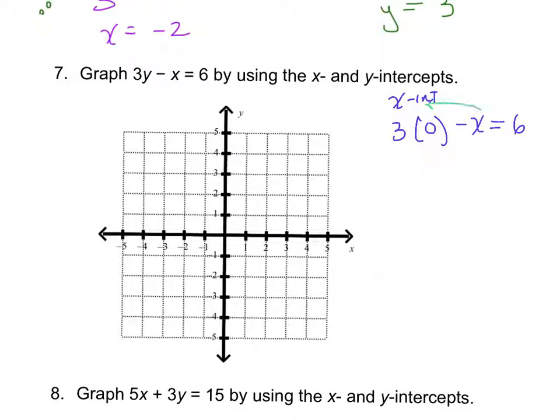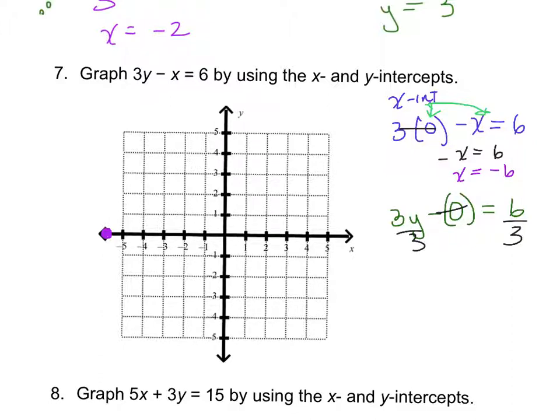X-intercept, the value of x when y is 0. Do our math. You get negative x is equal to 6. Therefore, x is negative 6. So negative 6 is right here. That's my x-intercept. Now, to calculate the y-intercept, I am going to plug in 0 for x. 3y minus x, which is 0, is equal to 6. This cancels out. Divide by 3 on both sides, and you get that y is equal to 2.